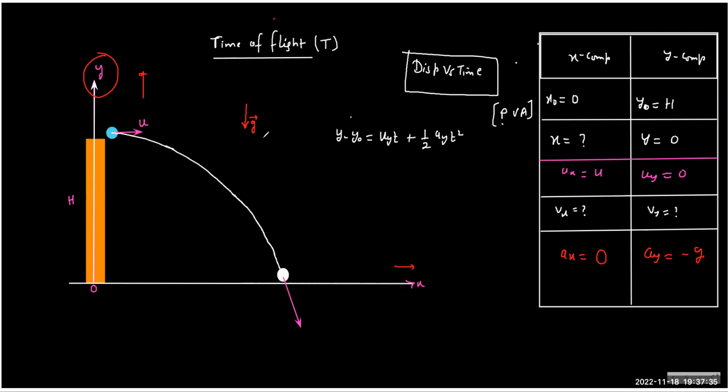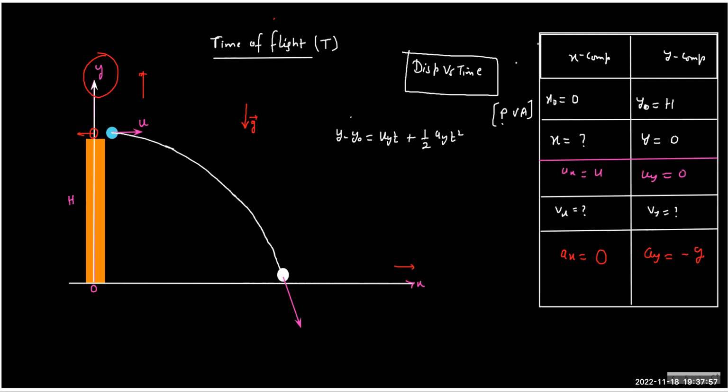Understood? For example, if I throw the ball this way, and if I choose the x-axis towards the right, the arrow is opposite. So ax becomes minus, ux becomes minus u. Understood? So that is how we choose the sign convention.